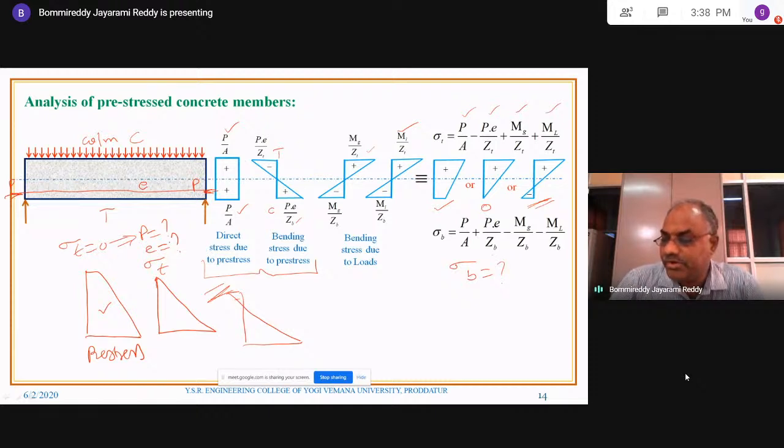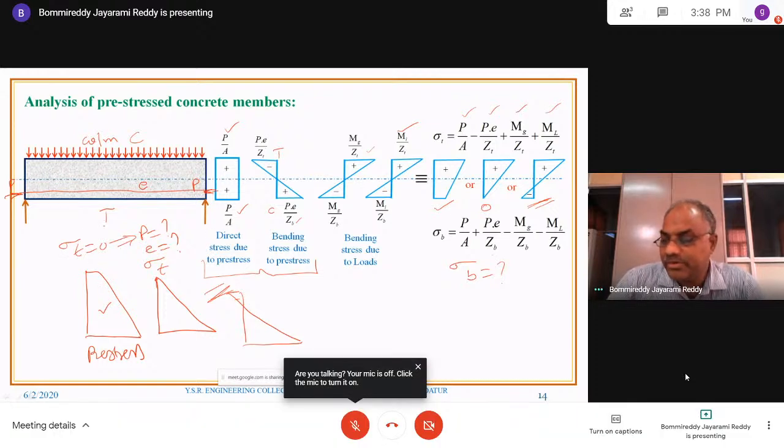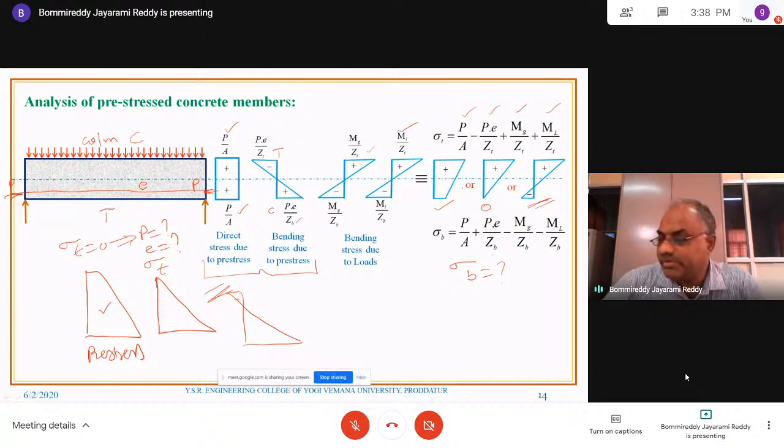Because of only the pre-stress, there is a possibility of the stress at the top of the beam being equal to 0, and accordingly you can find out the unknown. The other one is because of the pre-stress and also the application of the loads, the soffit of the beam, soffit meaning the bottom of the beam, may be subjected to tensile stress or zero stress.